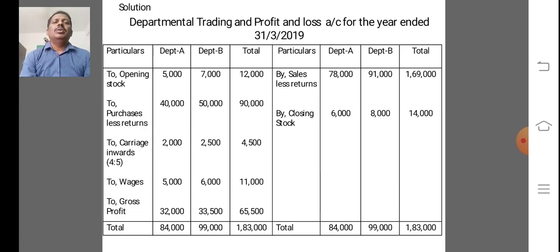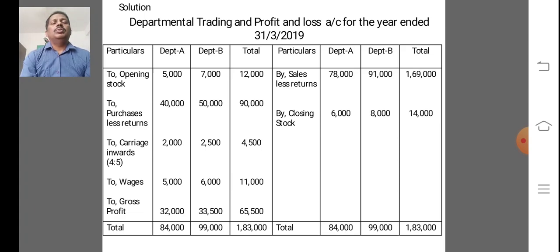And again, in this problem, carriage inwards is given. It is to be divided in the ratio of 4 is to 5, that is 2,000, 2,500 and 4,500. The amount 4,500 is to be distributed by allocation of these expenses on the basis of sales.